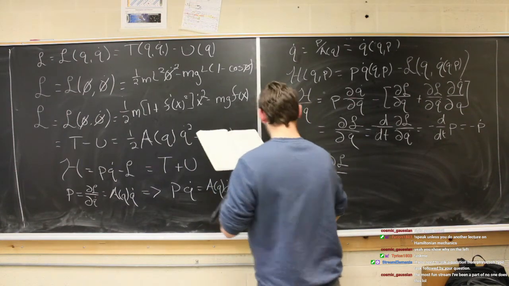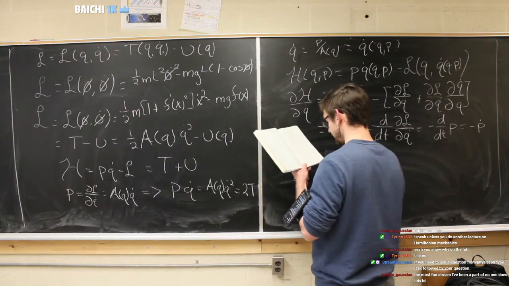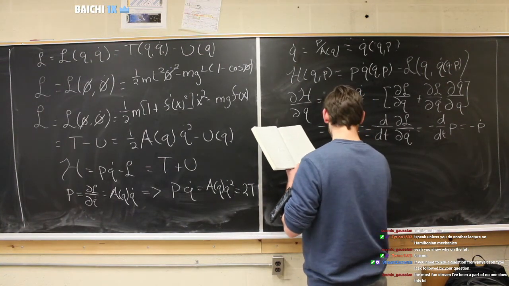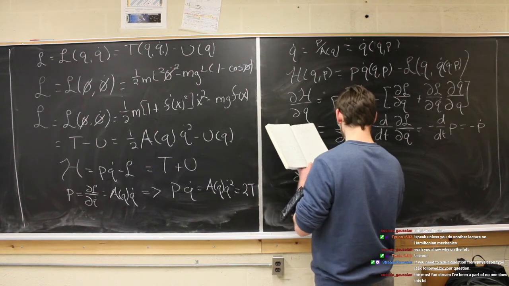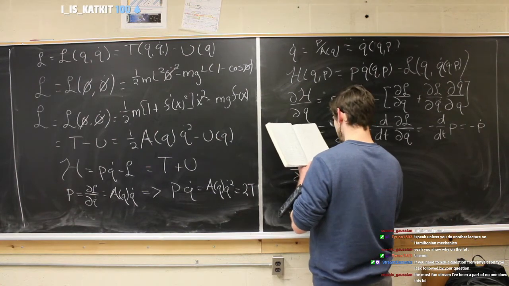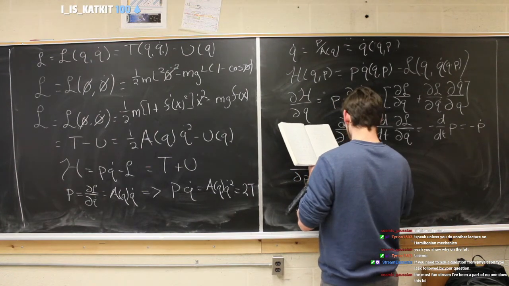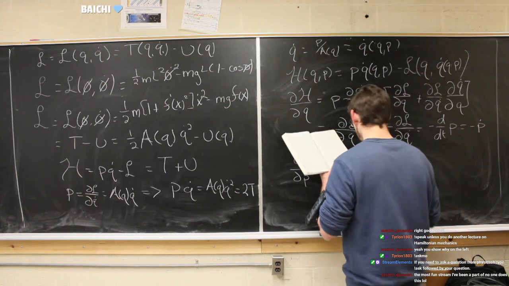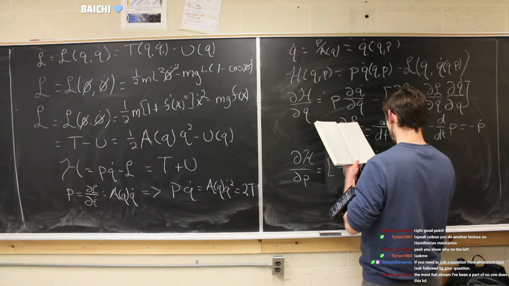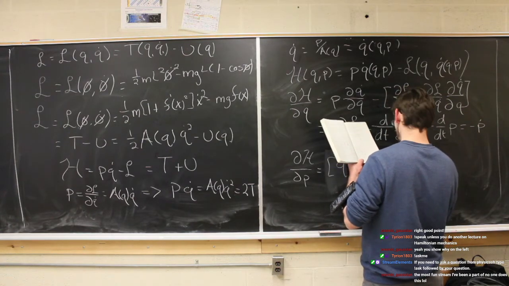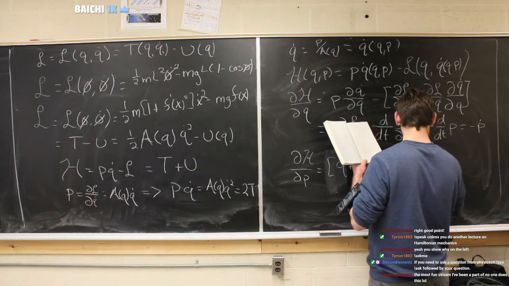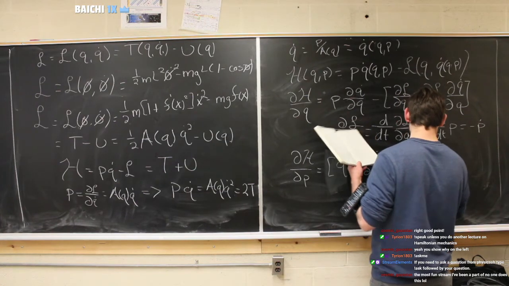Oh wait, hold on. Oh, I used the eraser. You don't use the eraser. This is going to be q dot plus p dq dot divided by dp minus dL dq dot dp. Where did I get this from again?